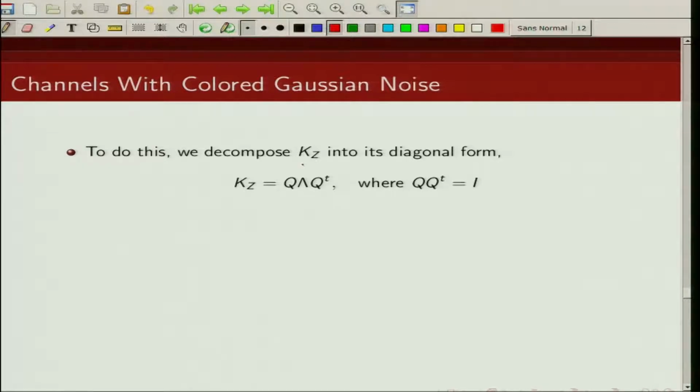Now we can decompose this covariance matrix Kz into Q, a diagonal matrix lambda, and Q transpose, where Q transpose Q is an identity.